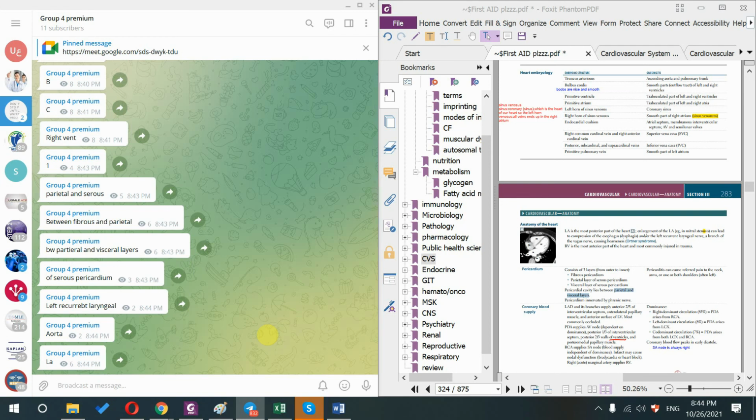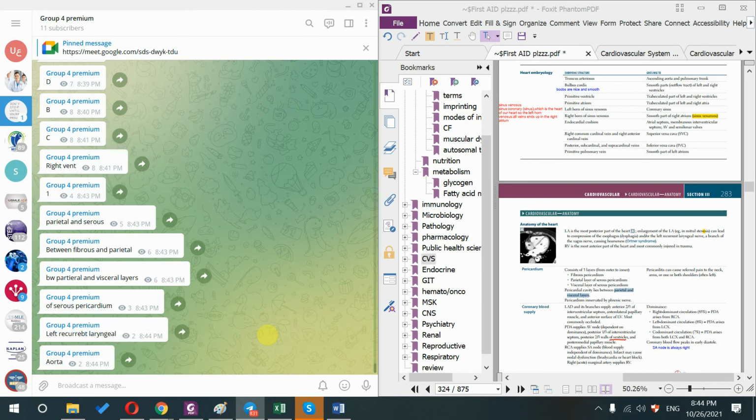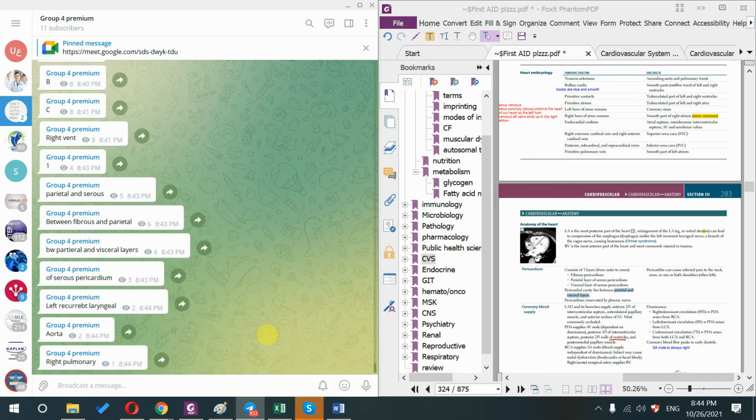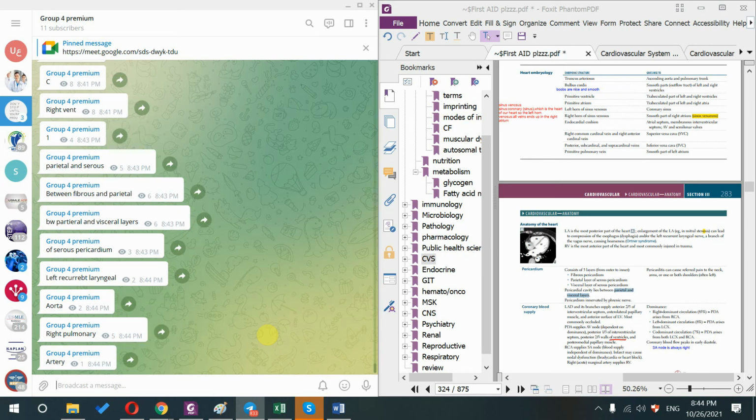The right recurrent laryngeal nerve. Come on, I'm waiting. Right recurrent laryngeal nerve.